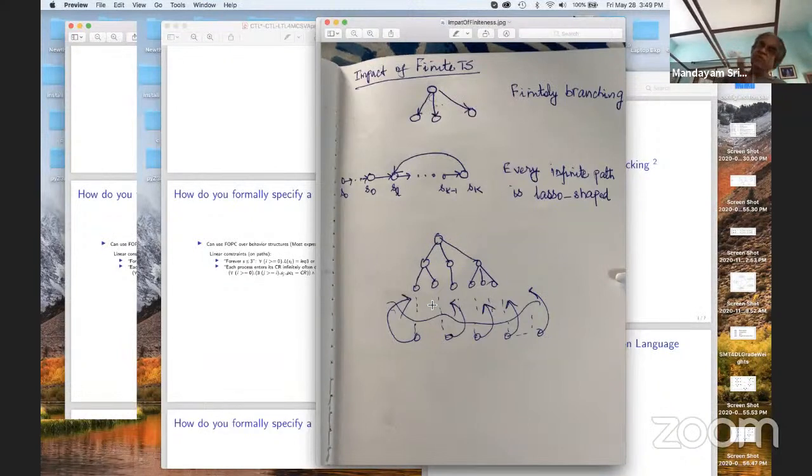So this is an observation that you have to keep in mind, and since we're restricting ourselves to analyzing and model checking finite state systems, this observation will be exploited.